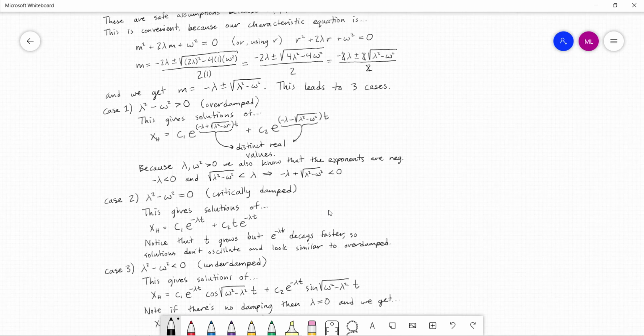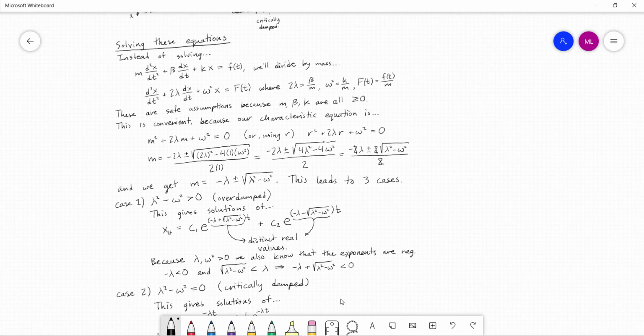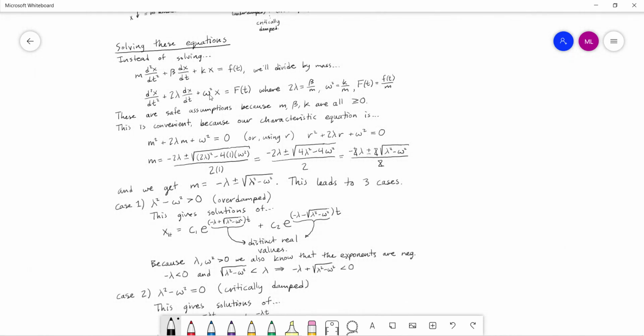But omega, if we come back to the original equation, is going to be related to both k, the spring constant, and also m, the mass. So basically it makes some sense, right? If you have a really stiff spring, that would affect the spring constant. That's going to affect how fast this mass vibrates or oscillates on the spring.